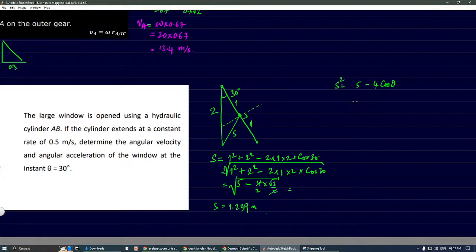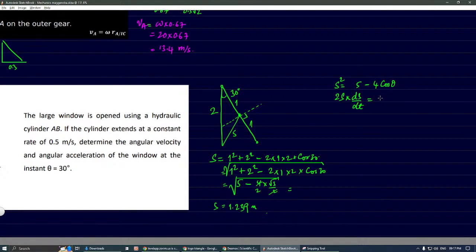So now if we want velocity, we have to differentiate this. What do we get when we differentiate? Differentiate with respect to time. S square differentiation will be 2s into ds by dt, right?